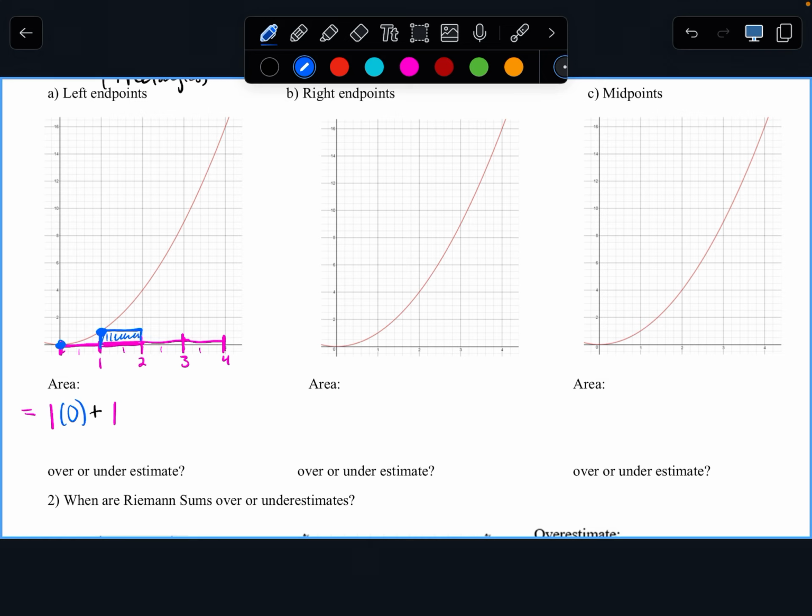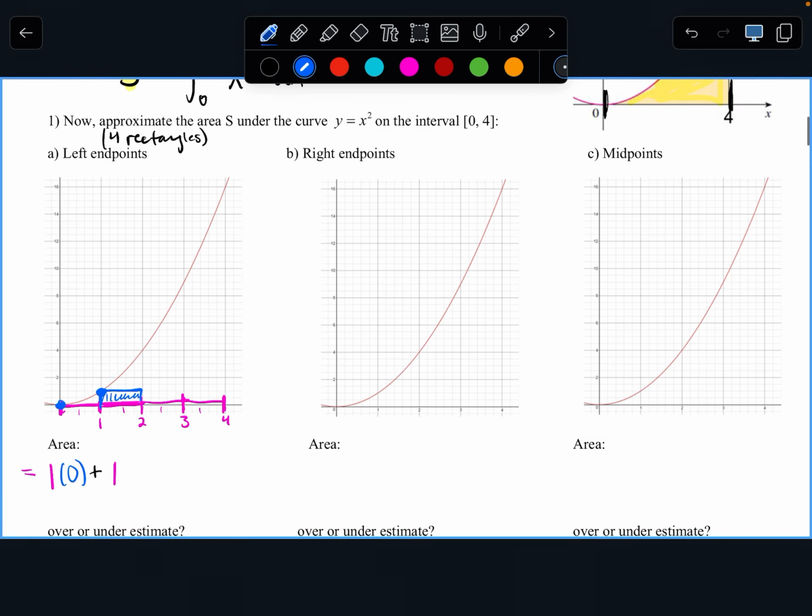If you don't know how to find the height, you just throw it into the equation. This is kind of like doing f of 1. If I plug in f of 1, it's essentially taking 1 squared. I'm just plugging it into the equation.